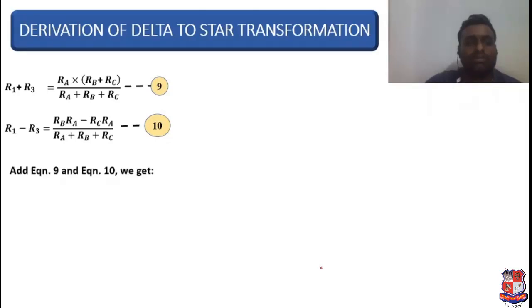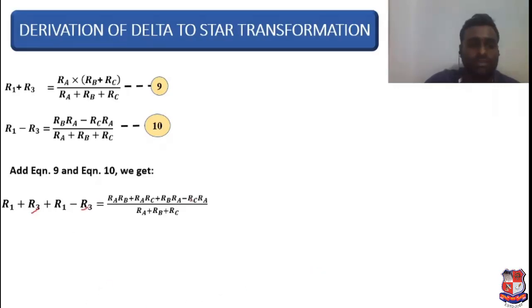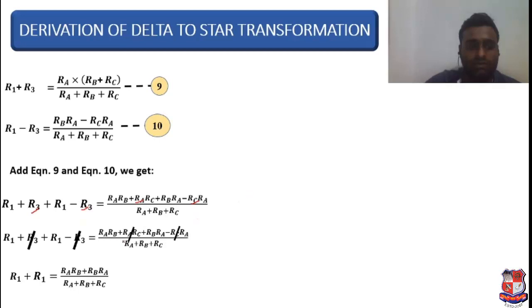Now we have to add equations 9 and 10. We will get this term, and over here this R3 and this R3 will get cancelled, and this RC into RA and this minus RC into RA will also get cancelled. So you will be left with R1 plus R1, which equals 2 times this RA into RB.